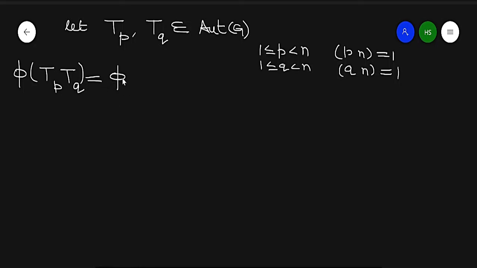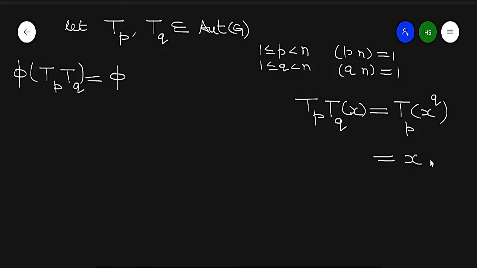Now check its value. TP composed with TQ of x can be written as TP of x raised to power q. This is x raised to power q, again operated by p. So this becomes x raised to power q, and then raised to power p.